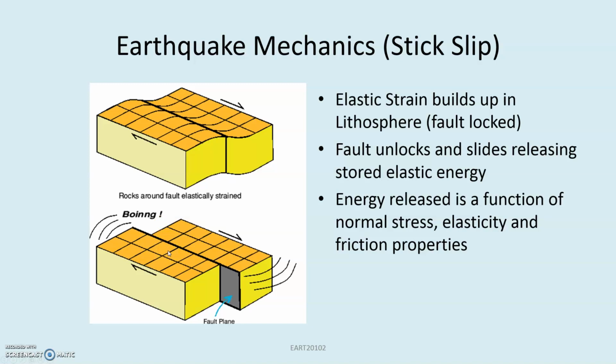Okay? And the amount of energy released is a function of the normal stress that we're putting on this fault, the elasticity of the materials on either side of the fault, the elasticity of the rocks. So if we've got more elastic deformation, there's more stored energy that gets released, and also the frictional properties of this fault plane.